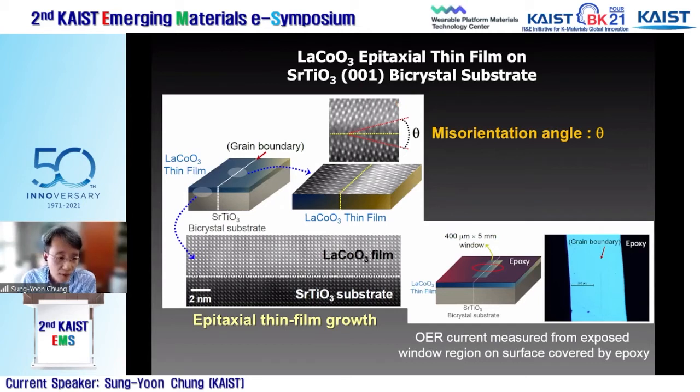The strontium titanate bicrystal is, I think, commercially available. Using this substrate, we fabricated the ruthenium cobalt oxide thin film, so we have only one single grain boundary of the ruthenium cobalt oxide. By applying an epoxy mask, we measured one single grain boundary for the OER catalyst.